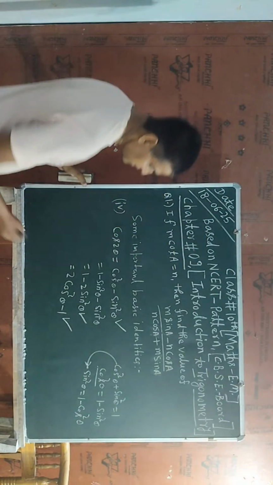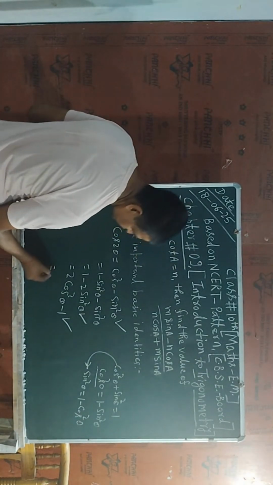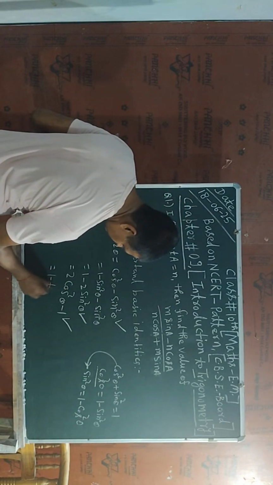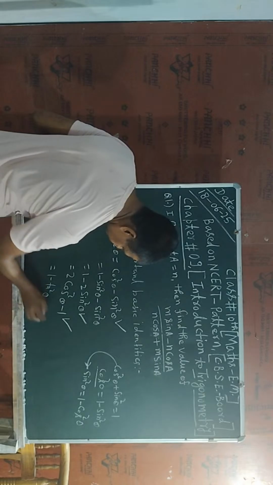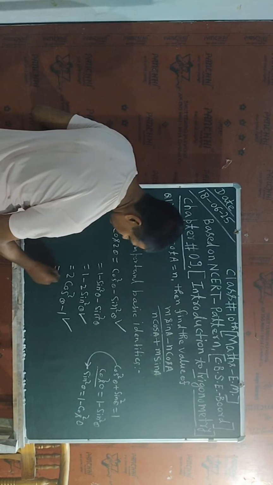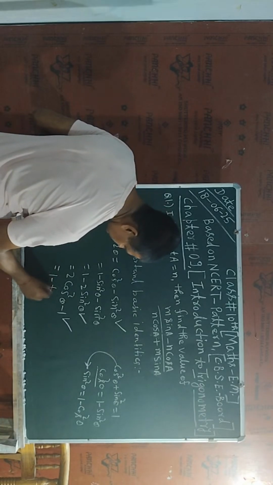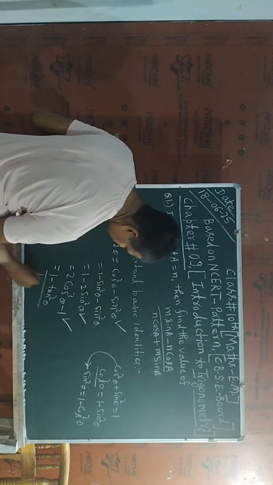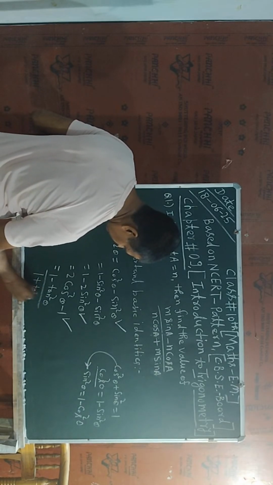Otherwise I can also put here 1 minus tan square theta divided by 1 plus tan square theta.